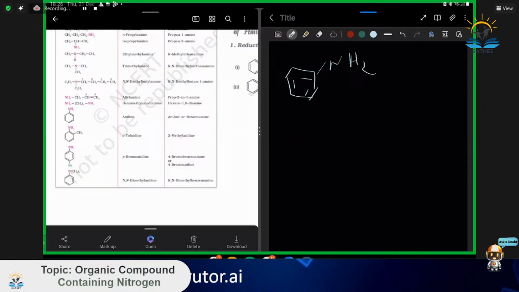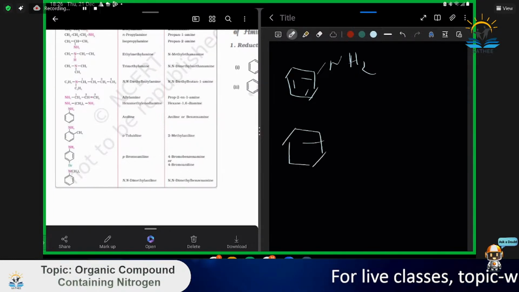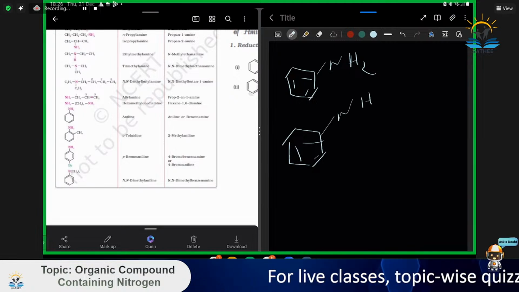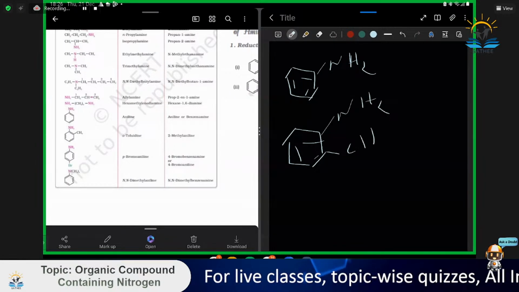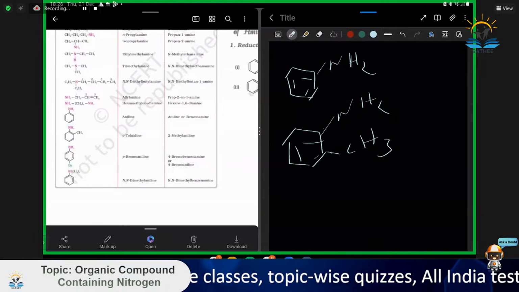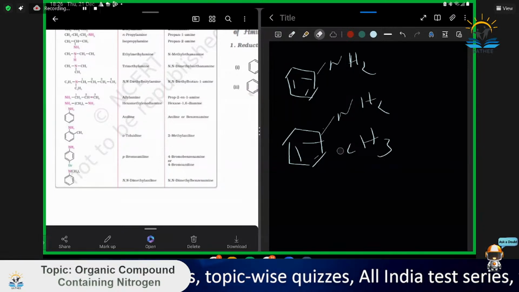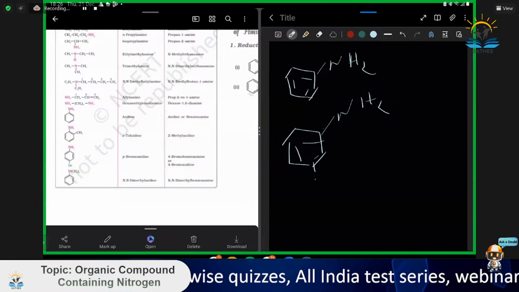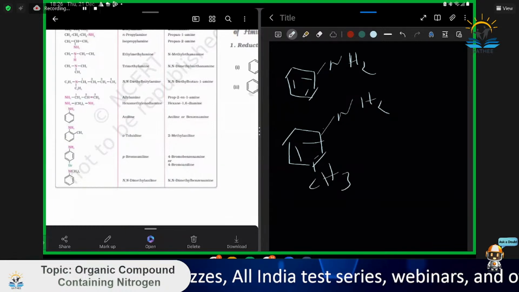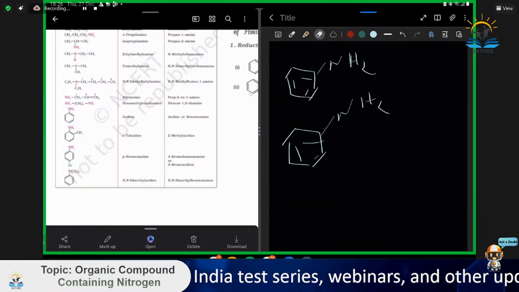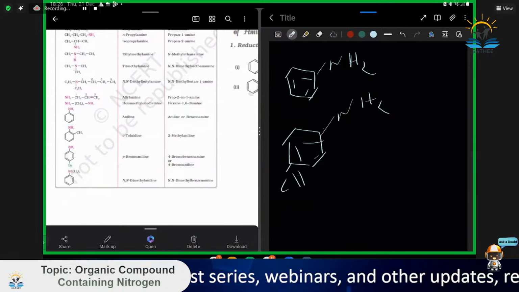Aniline's IUPAC name is also aniline or benzenamine, but only for aniline do we get benzenamine. For aniline substituents, you use aniline. Ortho: this is orthotoluidine, since NH2 has a CH3 at the ortho position. Two positions outward is metatoluidine, and paratoluidine.